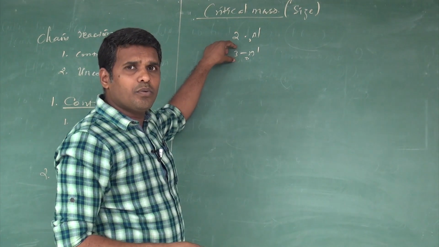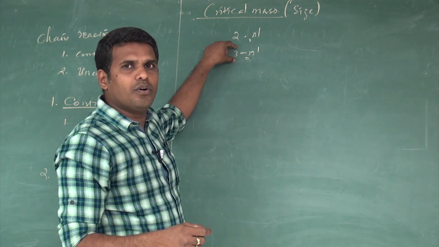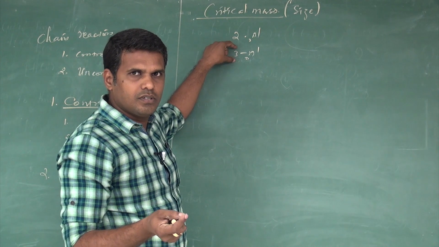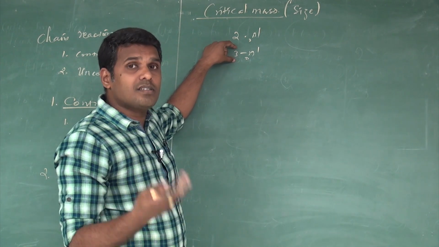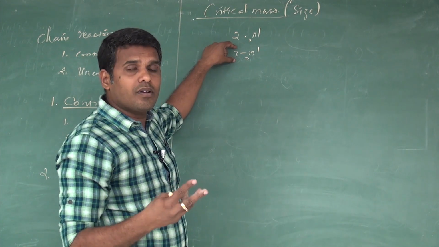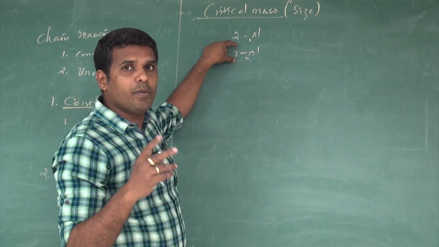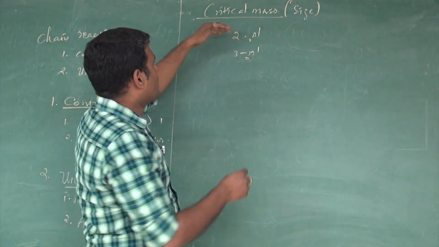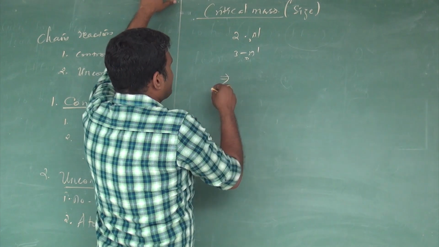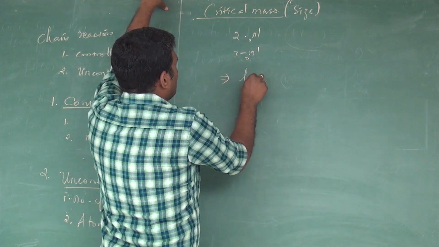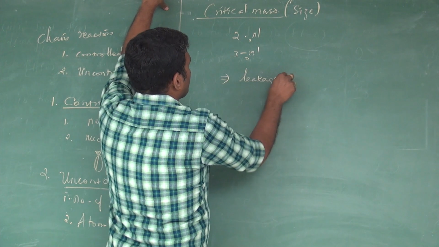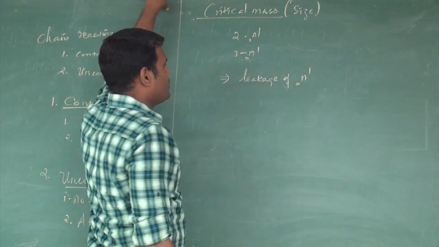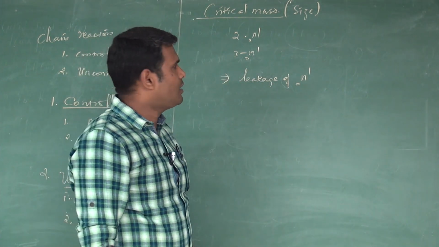All these available neutrons may not undergo further fission reactions. They may escape out of the system. If they escape out of the system, a chain reaction will not be possible. If the neutrons escape, we call it leakage of neutrons.